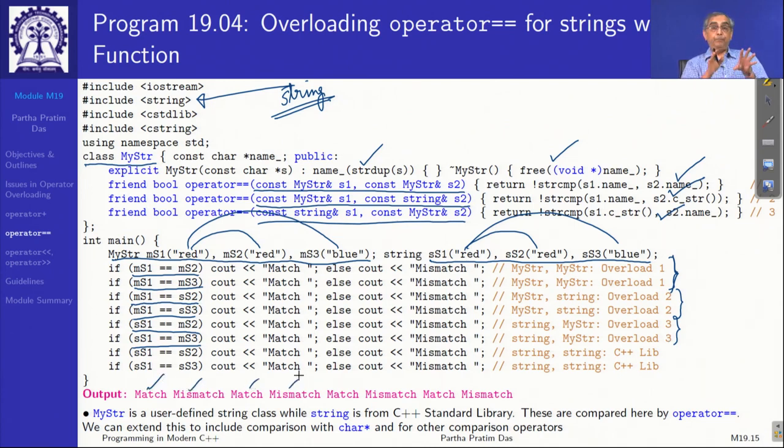And finally, the fourth possibility is I compare a library string object with a library string object, that is SS1, SS2, SS1, SS3. Now, in this case I am not providing anything here, because my class is not even involved and the library has already provided an overloaded equality comparison operator for the string class.